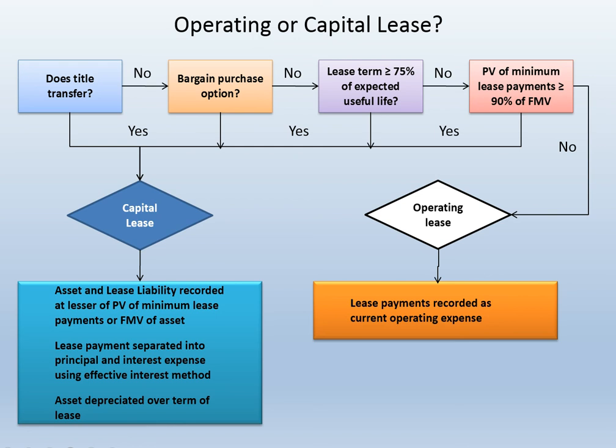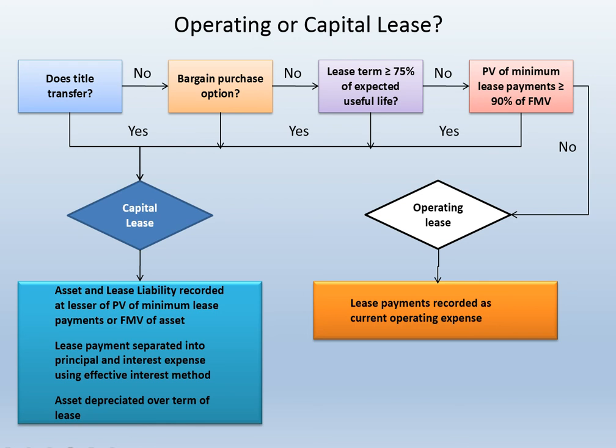So this idea of determining whether a lease is an operating lease or a capital lease is critical to determining how we are going to account for that transaction. So again, just to summarize, if we answer no to all 4 of the criteria, then we have an operating lease, and we simply debit lease expense or rental expense and credit cash every time we make a payment.